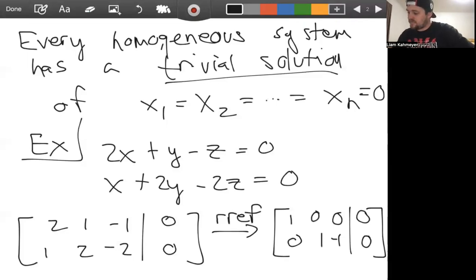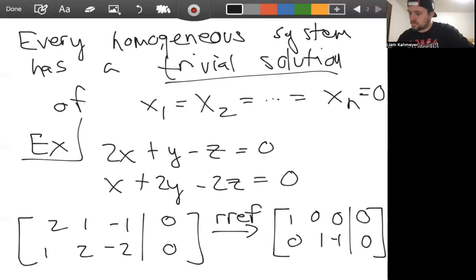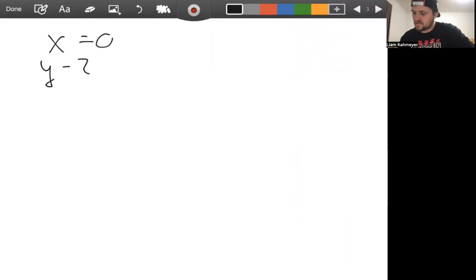And so once we have this, we see that the first row corresponds to x equals 0. The second row corresponds to y minus z equals 0, right?